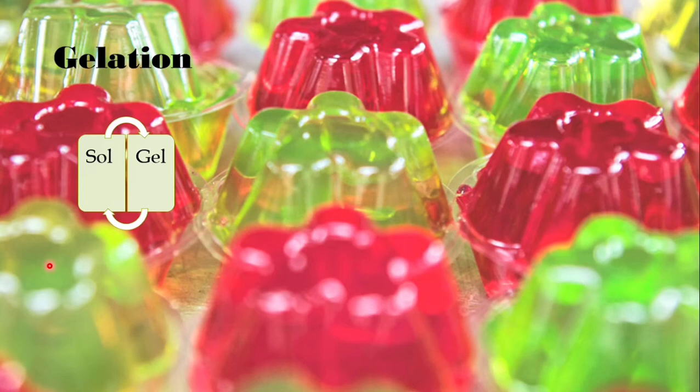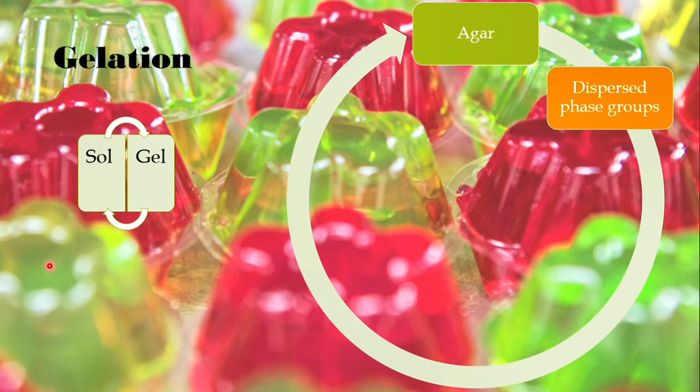So what exactly happens in the setting process? First, the agar, which is present in the sol form, is like when you add hot water to it. When you cool it, that is when the liquid form which you're taking and keeping in the impression tray cools down in contact with the mouth, there will be some dispersed phase groups formed in it.